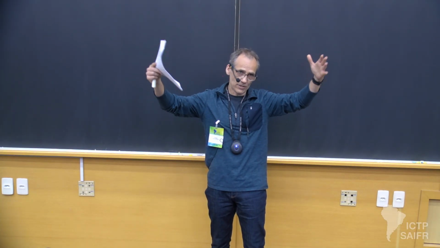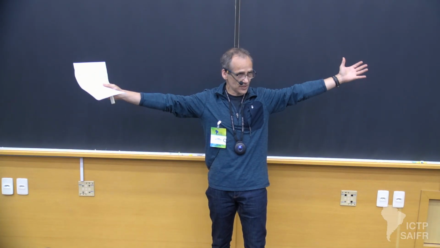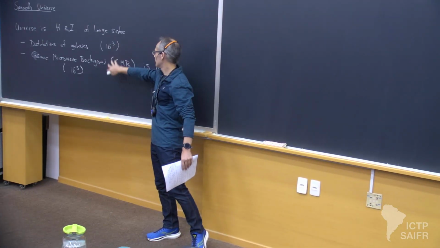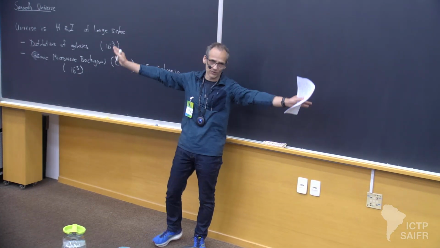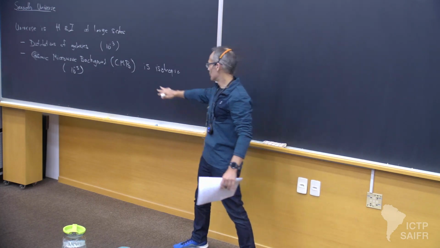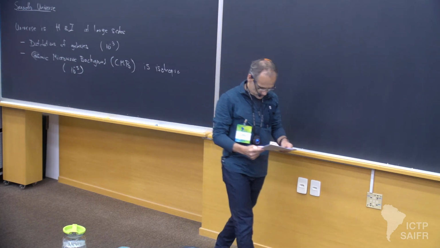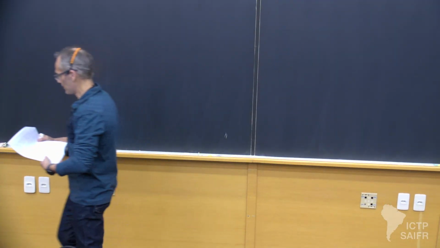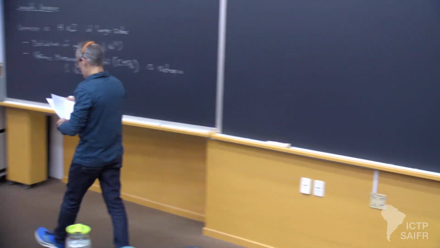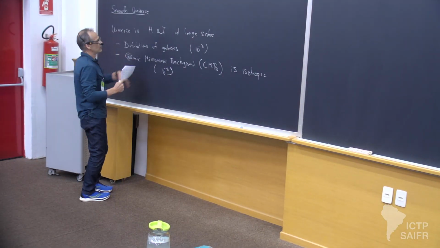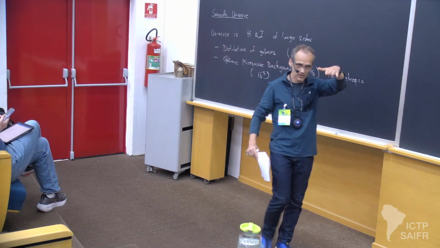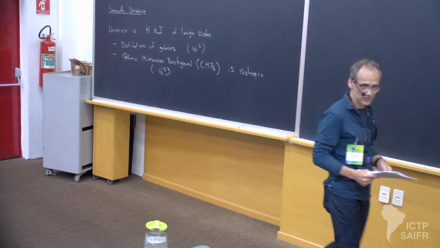And eventually, as we keep measuring larger and larger volumes, this number should be going down and down. For the CMB, because we already see the whole sky, we already have the number. So this justifies describing the universe as a homogeneous and isotropic background, and on top of this, we are going to put the fluctuations, which describe the structure.